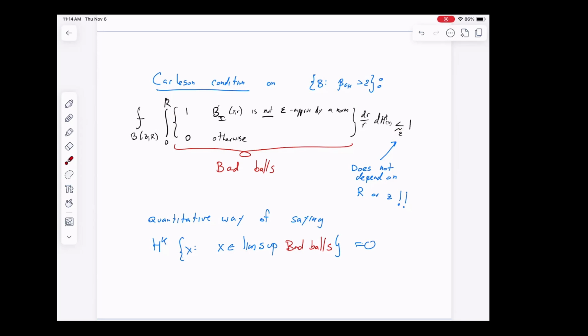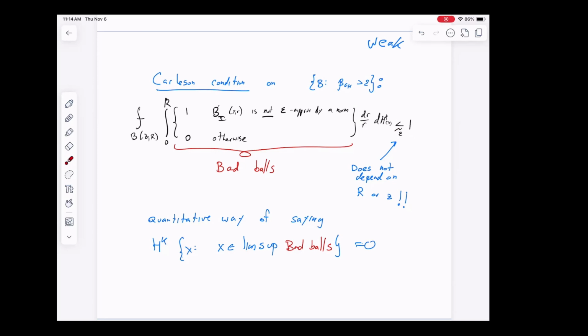And in a few places today, I'm going to talk about a weak condition. By weak, I always mean that I only look at things that are bad up to epsilon. So I say they're at least this bad, and then I allow my bound to depend on epsilon. Sort of like what you get when you prove weak 1-1 conditions for various operators in Lp spaces.